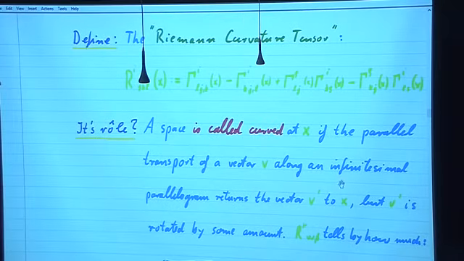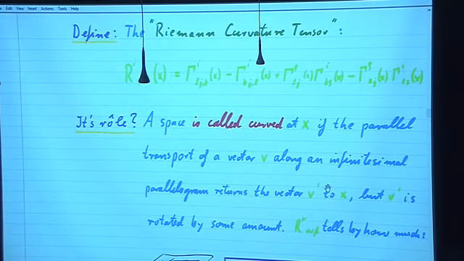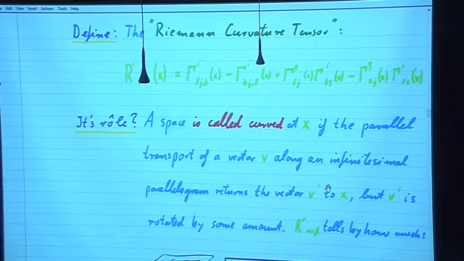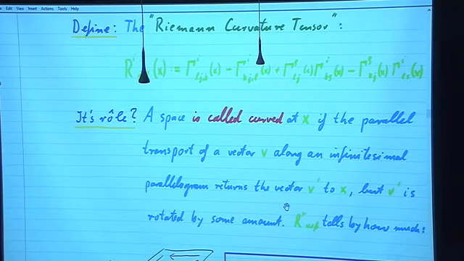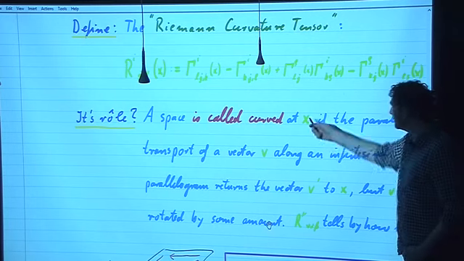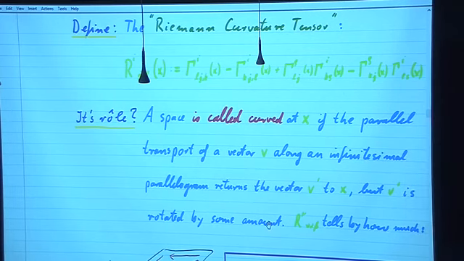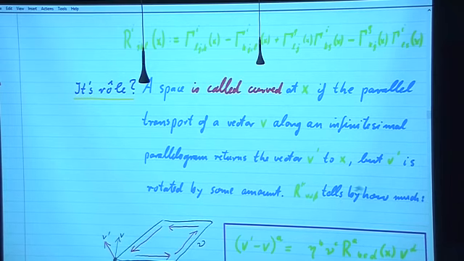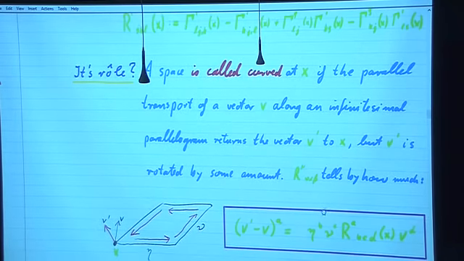So this Riemann curvature tensor is important because it expresses the curvature itself. I hope that you all have some background in this, but let me quickly go through the significance of it. A space is called curved at a point x if the parallel transport of a vector along an infinitesimal parallelogram returns the vector to the original starting point, but with a rotation.